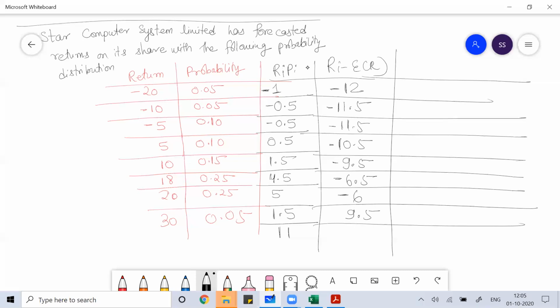Any mistake anywhere, Ranjita, let me know.